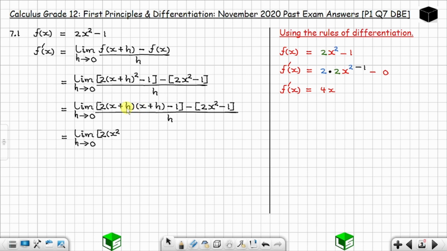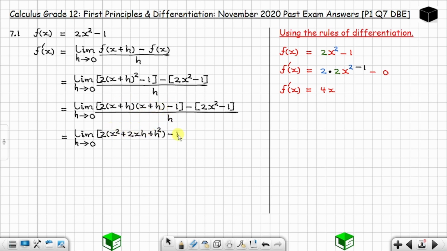So you have xh plus xh, which will give you plus 2xh. And then after that, you have h times h, which will give you plus h squared. You close the bracket, minus 1 there. You can see the 2 is multiplied by this. You can see I have it there.